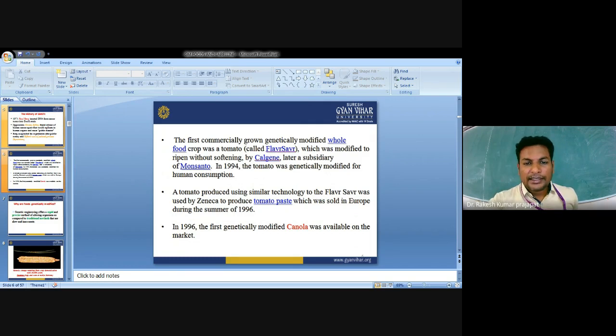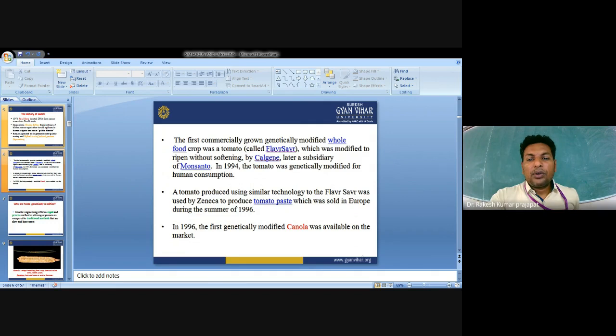In particular, in 2006, the Ministry of Health and Family Welfare proposed a mandatory labeling policy for all GM foods. The proposed draft rule would require GM foods to be cleared for consumption by the safety authority.